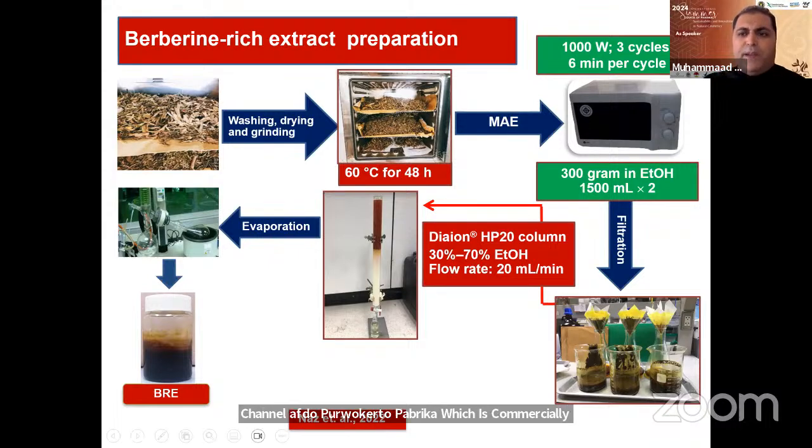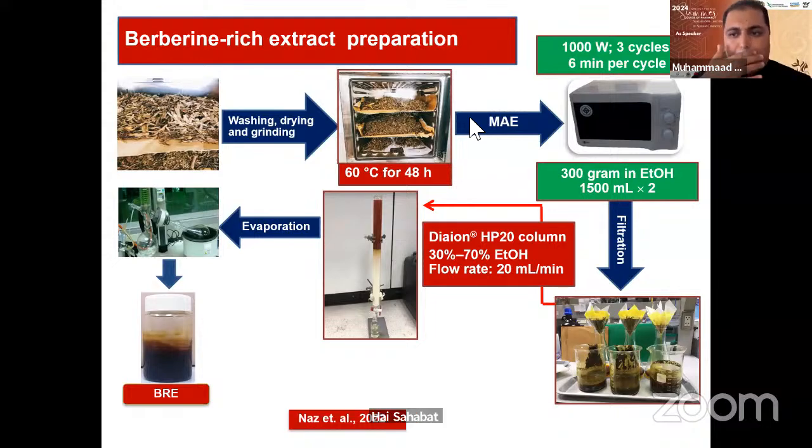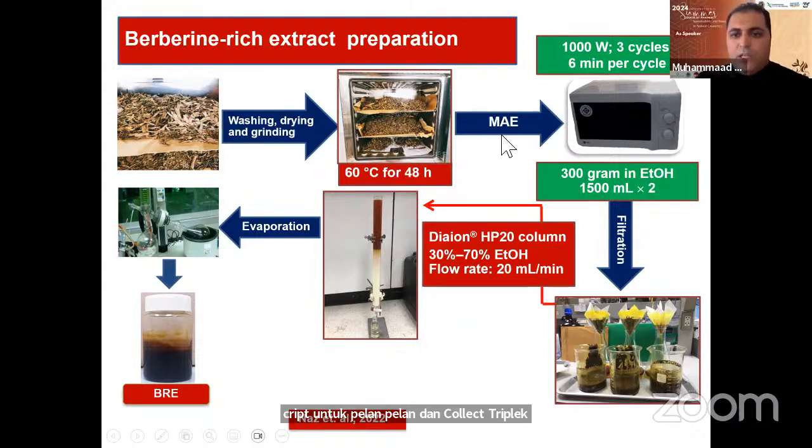So how did we prepare the berberine rich extract? We dug up the plant and collected the bark. Then we dried it at 60 degrees C for 48 hours. Then we proceeded to microwave assisted extraction because we believe in green extraction principles. You can see in the process, we used a microwave power of 100 watts.